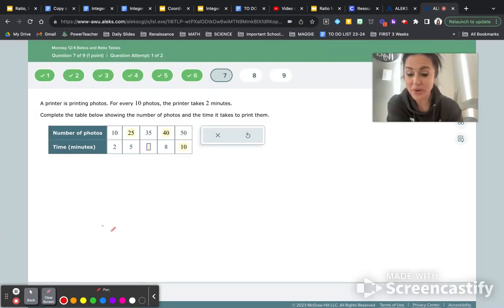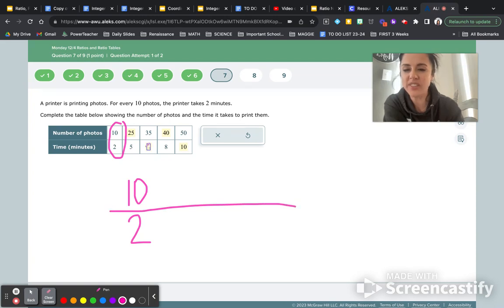Okay, so what I want to point out with you guys is I'm still going to use this whole concept of 10 and 2, right? For every 10 photos, it takes 2 minutes. Well, in order to figure out this funky one that's in increments of 5, I think I could probably break this down even easier. If it takes 2 minutes for 10 photos, how many photos are going to be created in 1 minute?